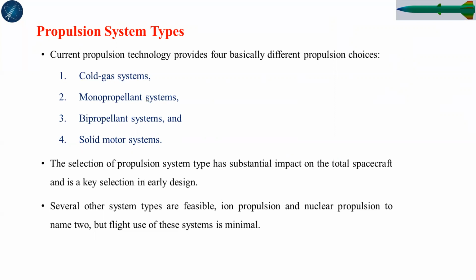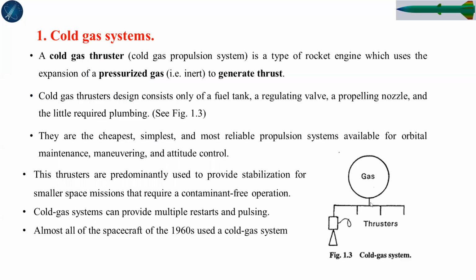But these are monopropellants, and bipropellants are liquid propellants. And another one is the cold gas system, or the propellant used in a cold storable system. So the selection of our propulsion system type has some substantial effect on the total spacecraft, and is a key selection.